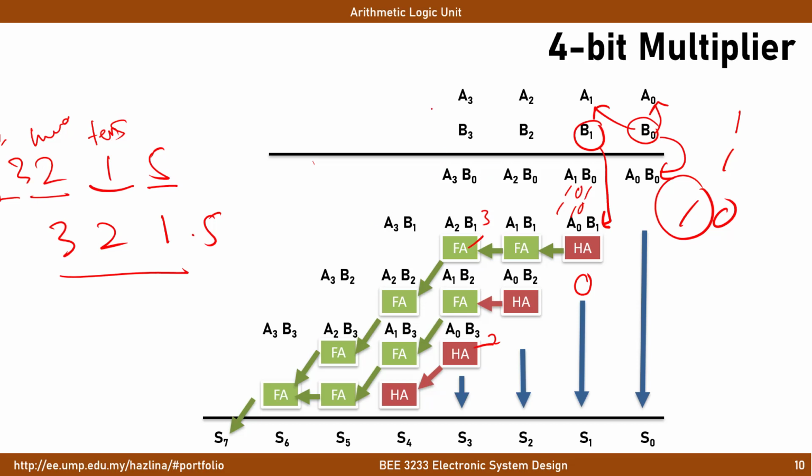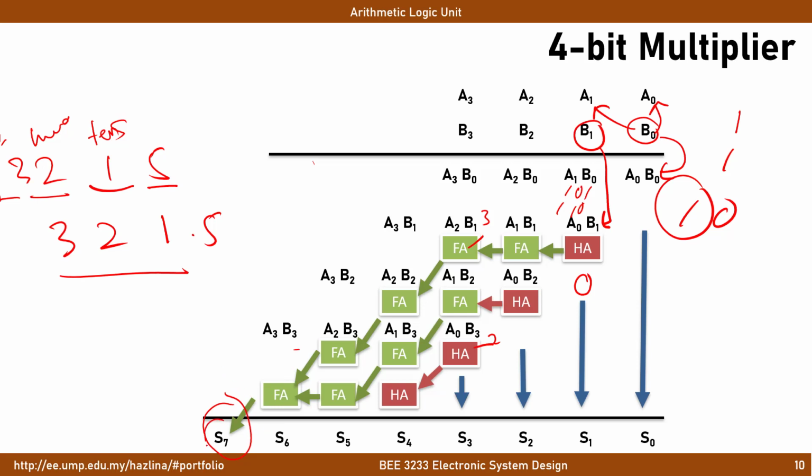Why? Because the next column, only 3 elements are involved. The fifth column, 2 elements. The sixth column, only 1 element. Okay, and that being said, why do we need S7? Because in addition from here there is a tendency for spillover.